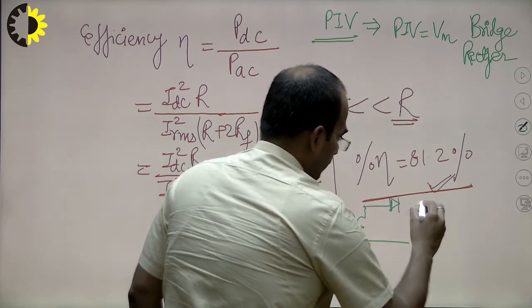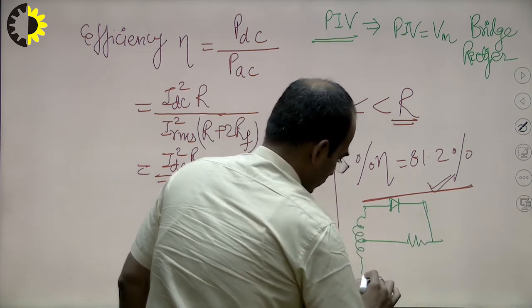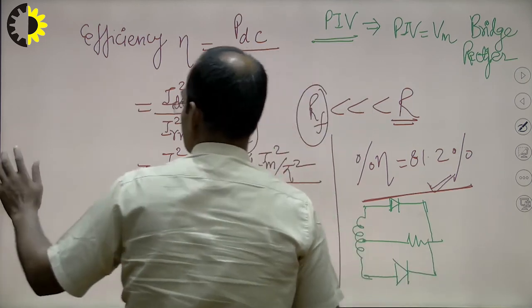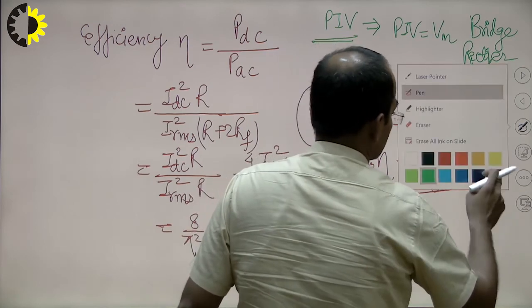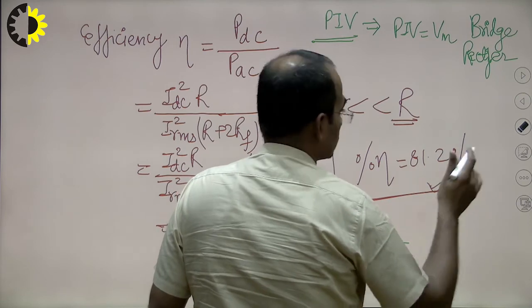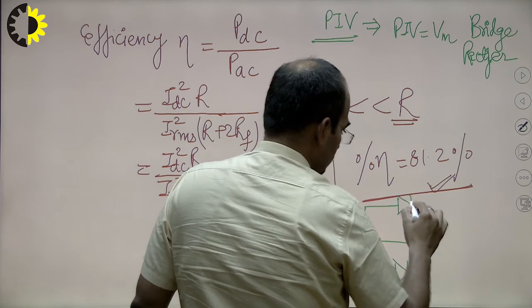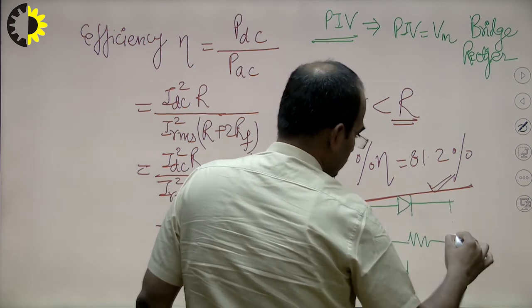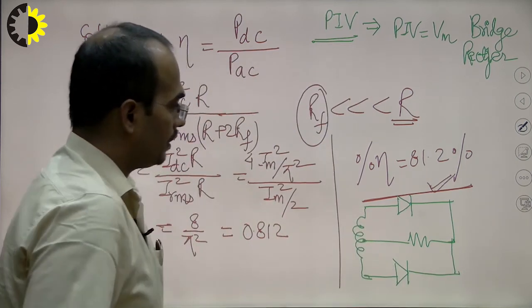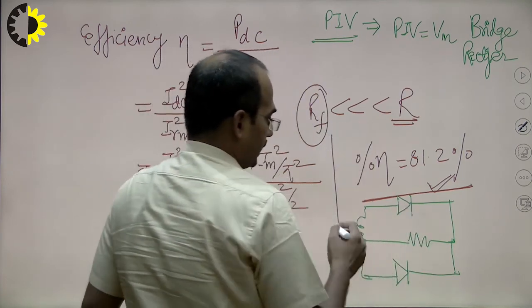The definition says the maximum voltage across the diode when the diode is in non-conducting state.